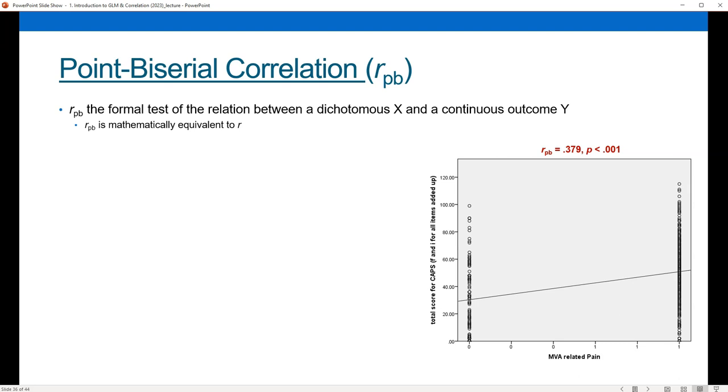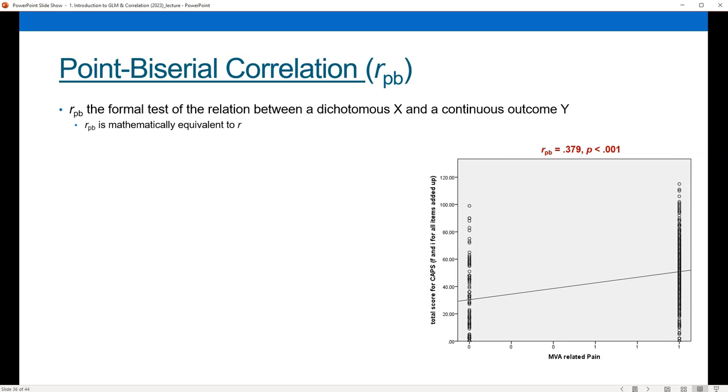One of these is the point biserial correlation. The point biserial correlation is a formal test of an association between a dichotomous X value and a continuous Y outcome. So if I want to run a correlation between a dichotomous 0-1 indicator and some continuous outcome, technically what I'm running is a point biserial correlation.